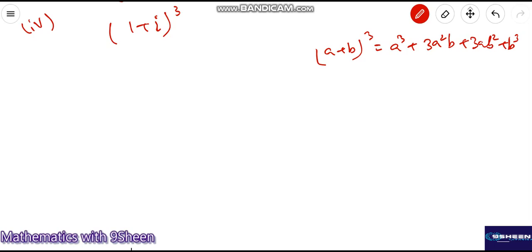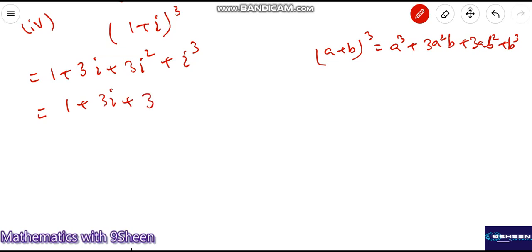Now apply this: a cube means 1, plus 3 a square b, 3 iota, 3ab square, 3 iota square, plus b cube, iota cube.